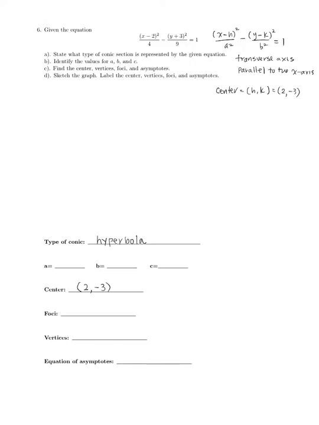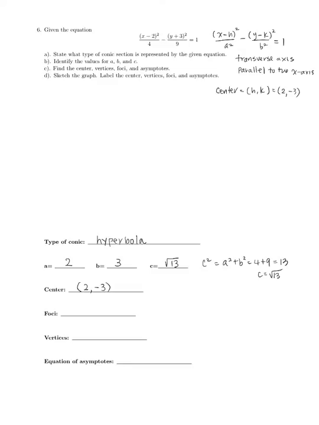Notice that a squared equals 4, so the value of a must be 2. b squared is 9, so b must be 3. And how do you find c? c squared is a squared plus b squared. So this is going to be 4 plus 9, 13, so c is going to be the square root of 13.